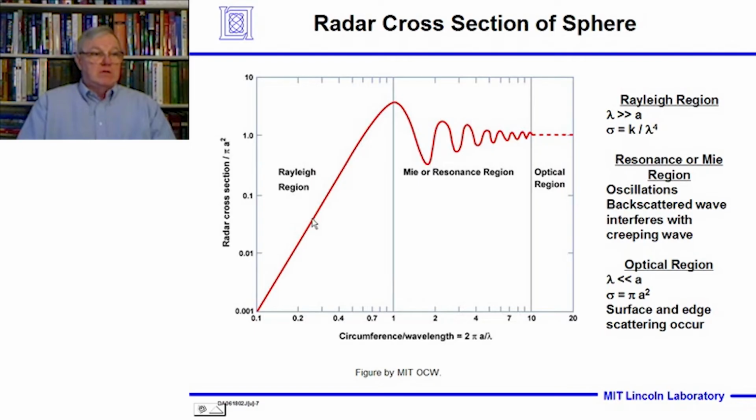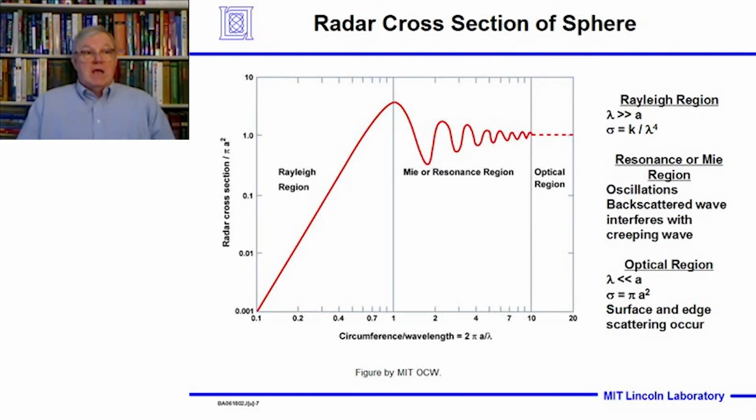And now here's that Rayleigh region where the wavelength is very big relative to the size of what we're looking at. And down in the other end we call the optical region, and that's where the wavelength is very small relative to the object. Optical, our eyes.